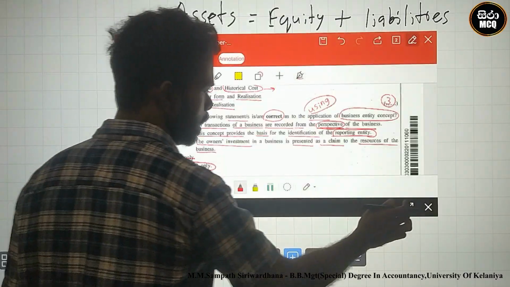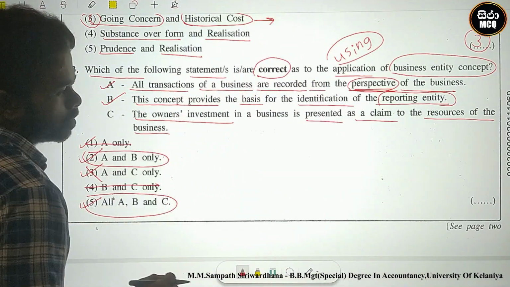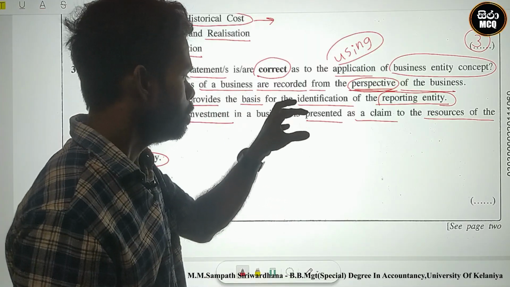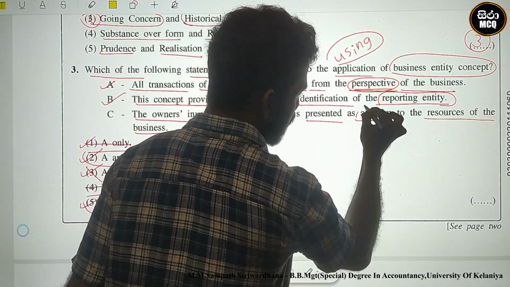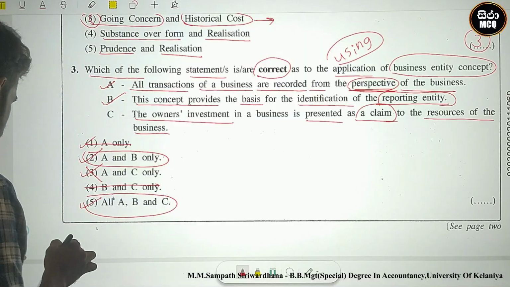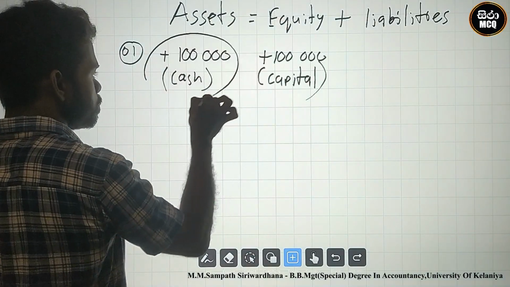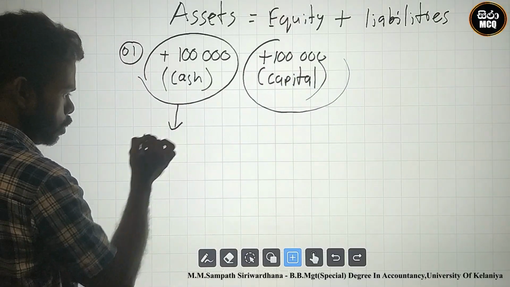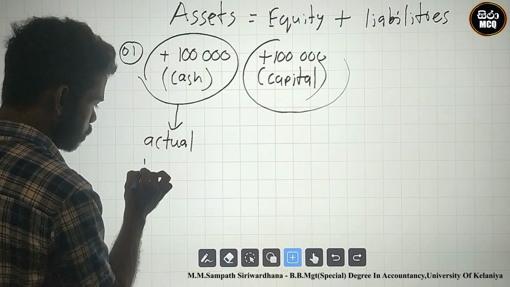The definition statement said that the owner's investment, the investment of 100,000 rupees in the business, is presented as a claim to the resources of the business. Look here, this is the resource, this is the claim, this is the asset, the actual resources.